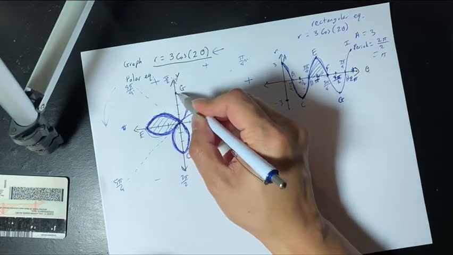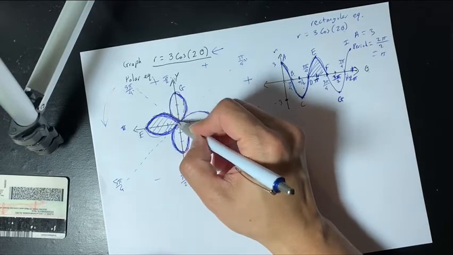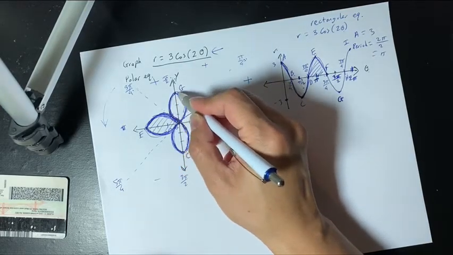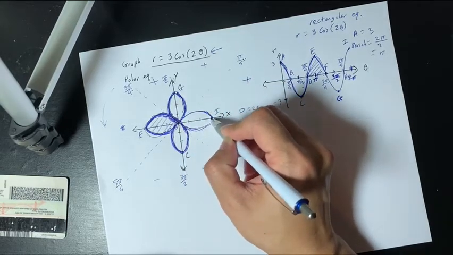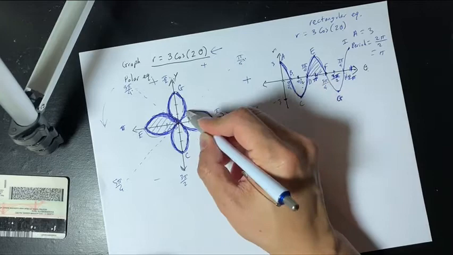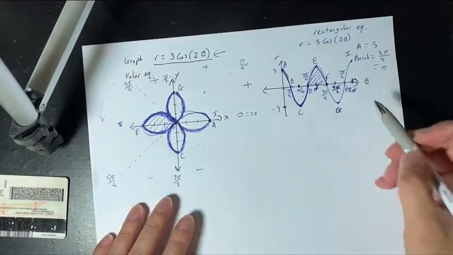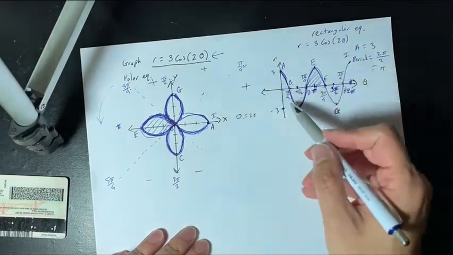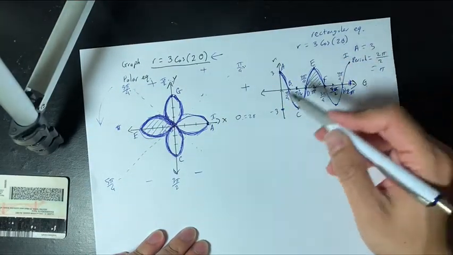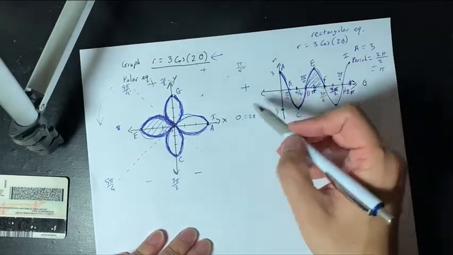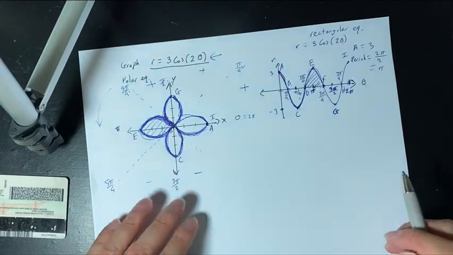At some point, you pick up the pattern, and you can complete the rest of the graph by just following along this pattern. So this is going to be the graph of this equation. And I'm using this rectangular graph of r and theta to help me guide along this relationship between r and theta in the xy plane.